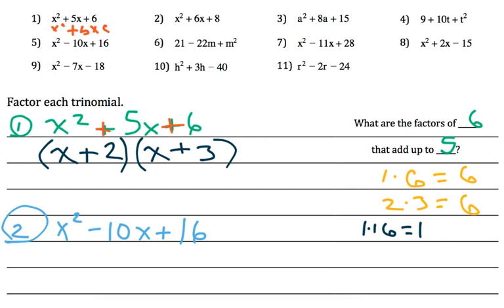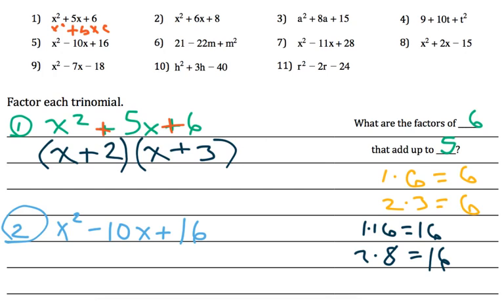1 times 16 gives me 16. No matter the combinations of negatives and pluses, these 1 and 16 would either add up to 17, positive 15, negative 15, or negative 17, trying all those different plus plus, minus minus, plus minus, minus plus combos. So maybe I move on to the next set of factors. 2 times 8 equals 16.